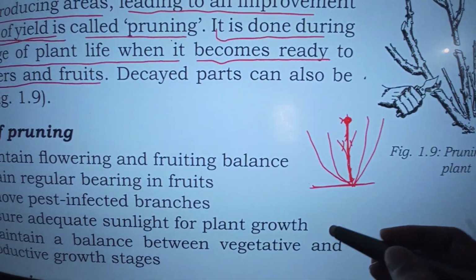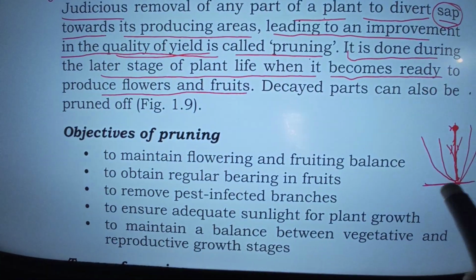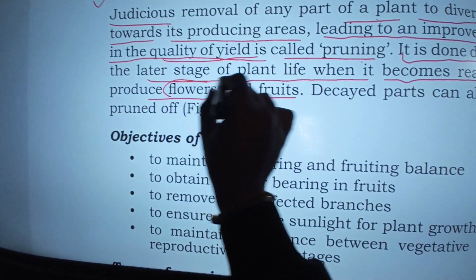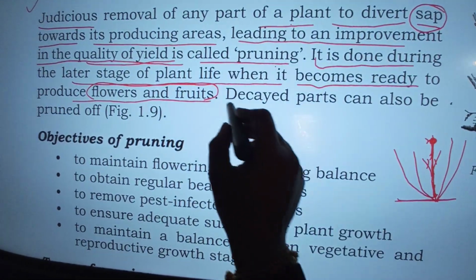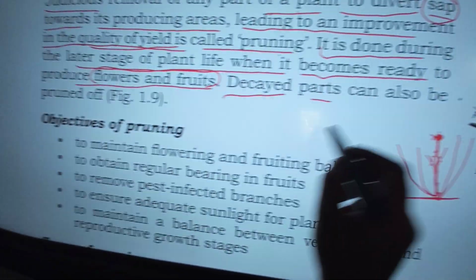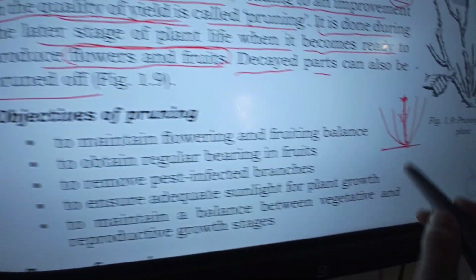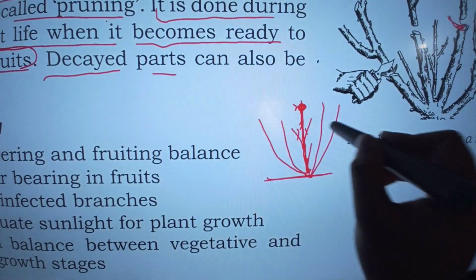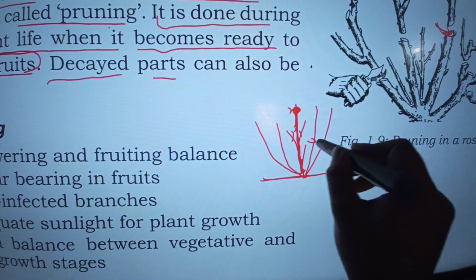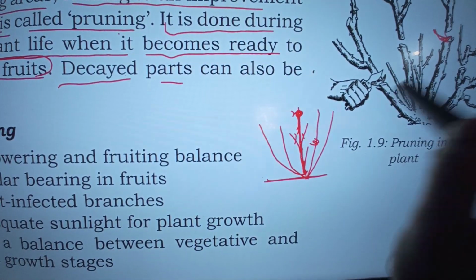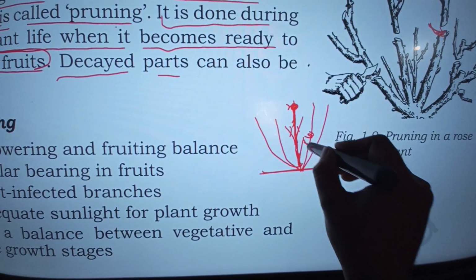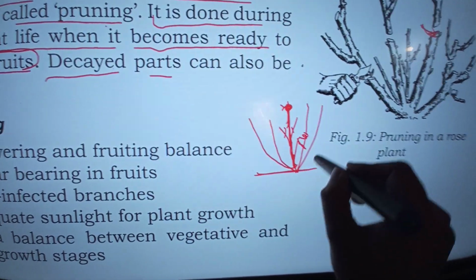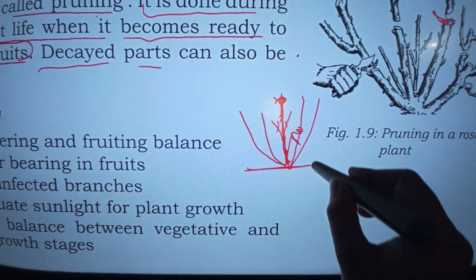But pruning is generally done in the later stages of a plant, after it produces flowers and fruits. Another main purpose of pruning is that dead parts can also be pruned off. Suppose there is an unnecessary part or a disease-affected part in this plant, then we need to cut out or remove this part from the plant. For that purpose also we use pruning.